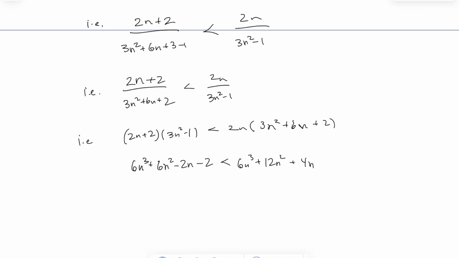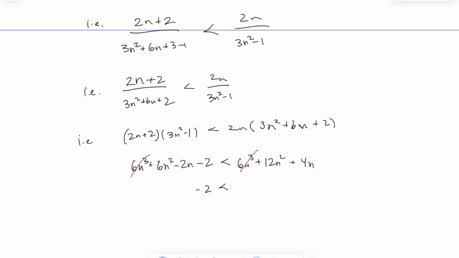And then simplify. I will maybe put all the n's on the right side and just leave the constant on the left side. So 6n cubed straight up cancels. I have 6n squared, which I will move to the other side. It will combine with these 12n squareds and give me just 6n squareds.